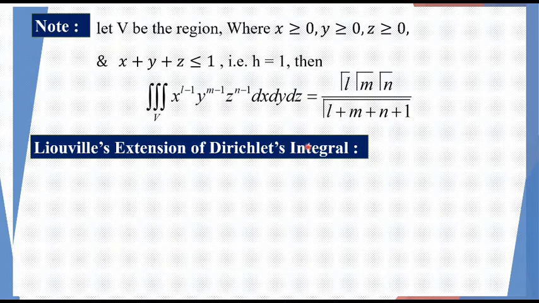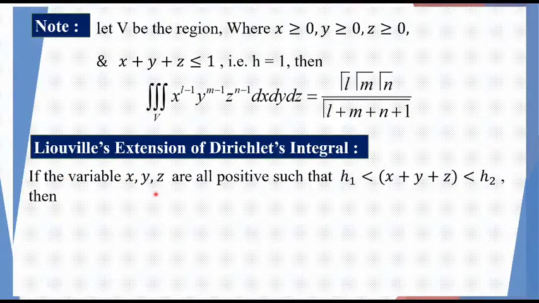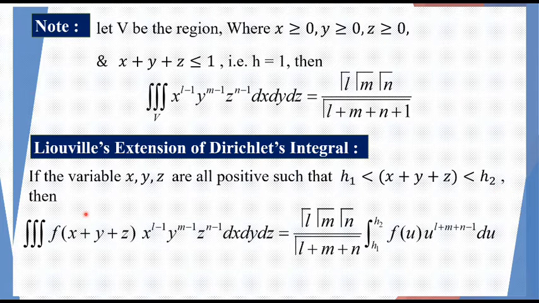Now Liouville's extension of Dirichlet's integral. If the variables x, y, z are all positive such that x plus y plus z is greater than h1 and less than h2, then the triple integral of f(x plus y plus z) x raised to power l minus 1, y raised to power m minus 1, z raised to power n minus 1 dx dy dz is equal to gamma l gamma m gamma n upon gamma l plus m plus n, times the integral from h1 to h2, that is lower limit to upper limit, of f(u) u raised to power l plus m plus n minus 1 du, where u is x plus y plus z.